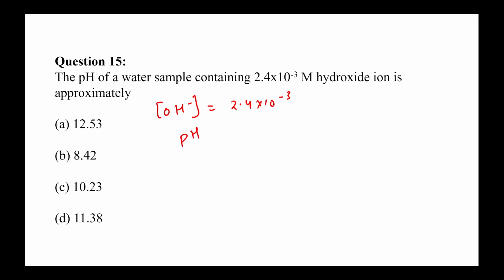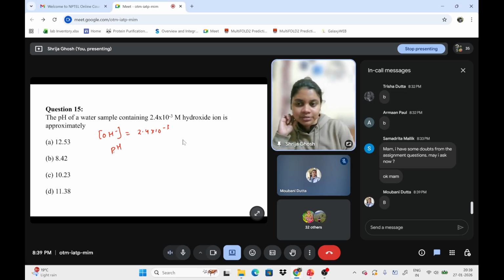Again, I think this is simple. Solve this quickly. You have OH minus concentration, so what can you calculate from that? You can calculate pOH. Once you have pOH, you can calculate pH. Calculate this quickly.